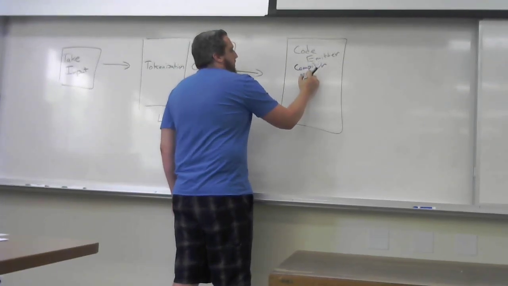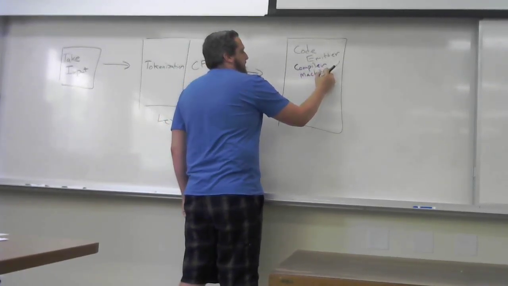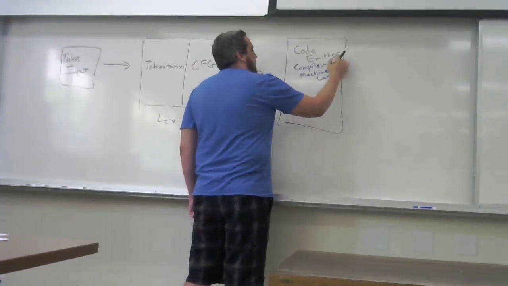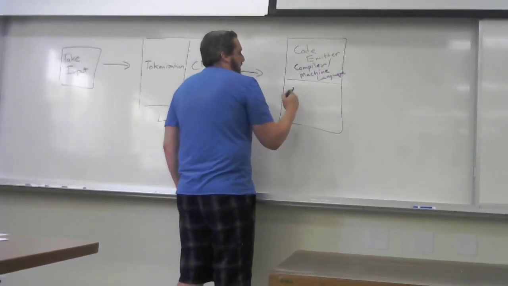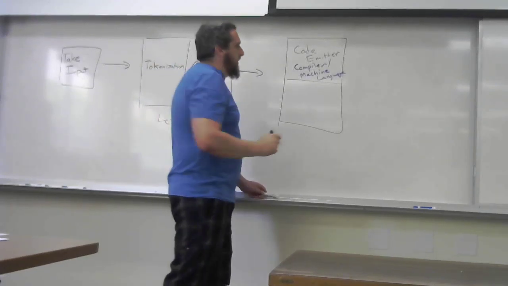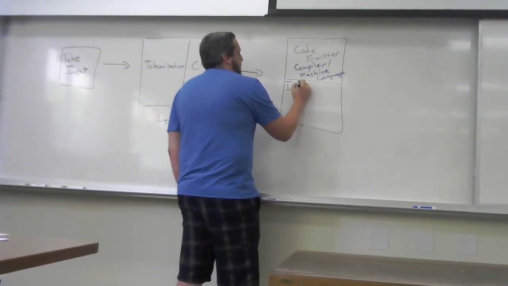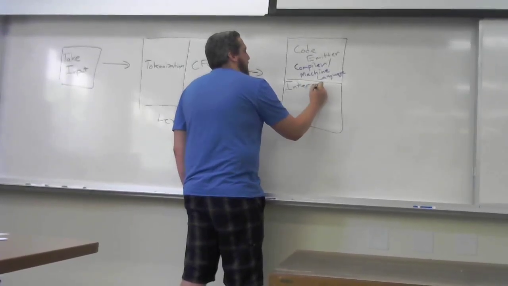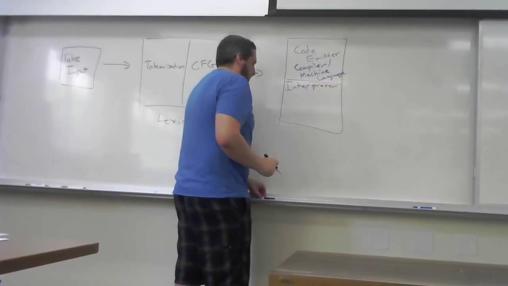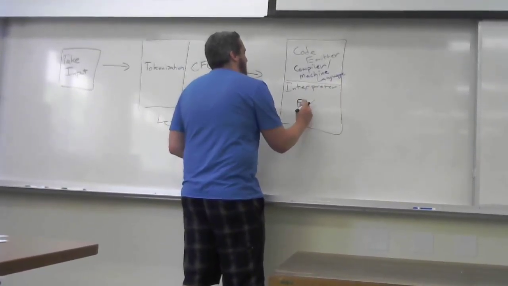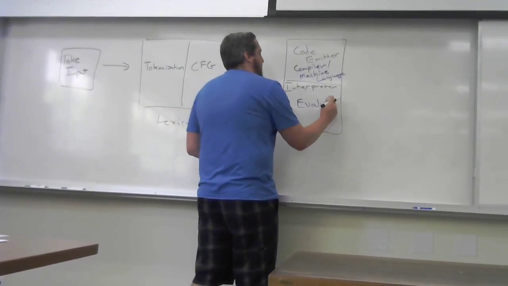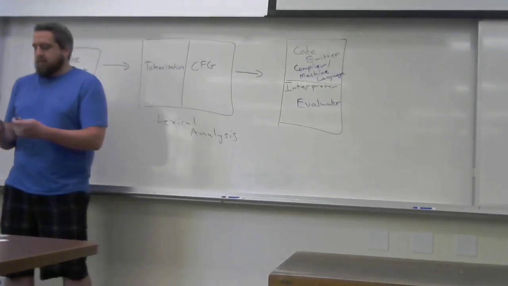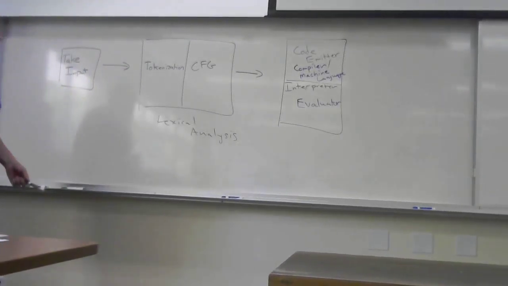It is the machine language that the CPU can run. Otherwise, we have the interpreter, also known as the evaluator. And the evaluator is the part that makes the program work, or the language work.